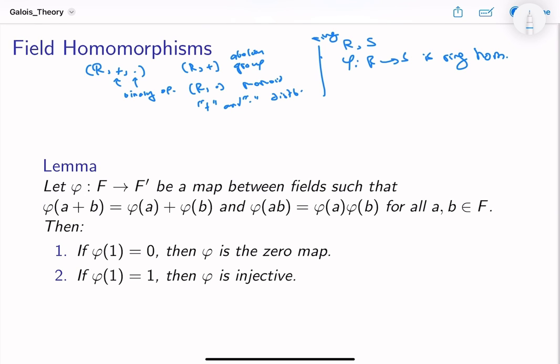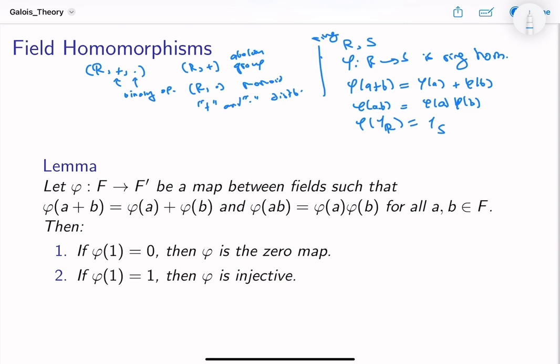To state this in symbols, we require that phi of a plus b is phi of a plus phi of b, phi of ab is phi of a times phi of b, and phi of 1_R is equal to 1_S.